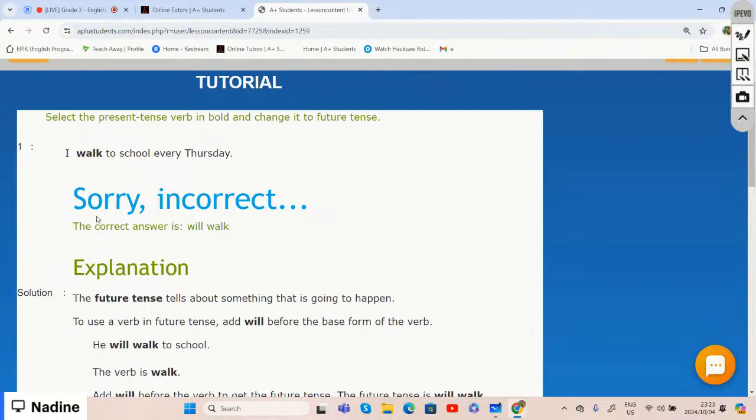All right. Remember, we said that we add the word will before our verbs. So now, if we look at this sentence here, the verb is even in bold. It says, "I walk to school every Thursday." That is now in the present. But how are we going to write that in the future tense?